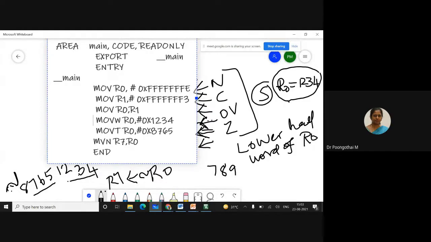Inverse of 5? 0101, just take the one's complement: 1010. What is the answer? 10, A. One's complement of 5 is A. Next, one's complement of 1? 0001, so 1110, E.